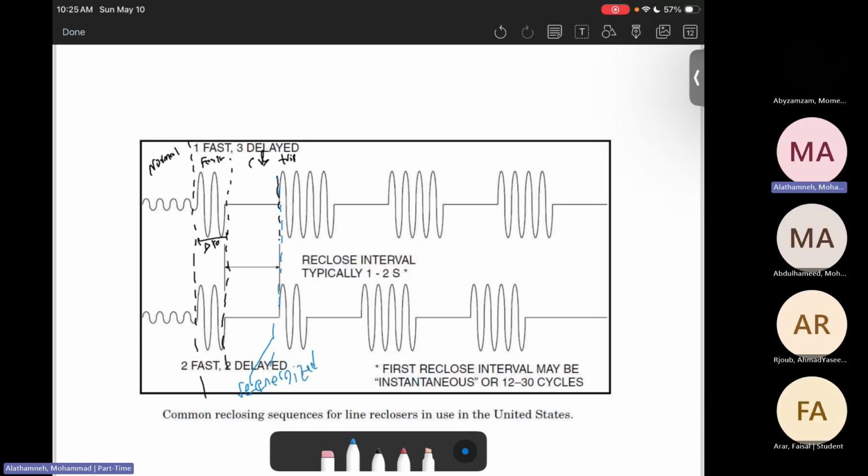Once you re-energize it, you will see the fault keeps going. It's still a fault, the same as the previous scenario. Then, after a specific period of time, it will trip, and then the circuit breaker will be turned on again. So it takes some time. Let me rewrite it in a better way. I'm sorry.